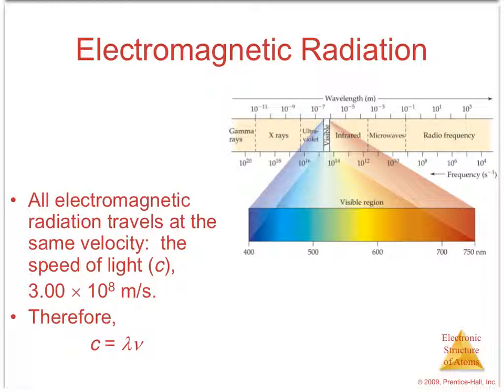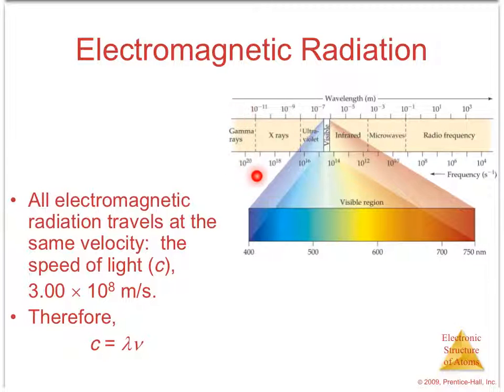So this is the electromagnetic radiation spectrum. As you can see here, the visible region, or in other words, the parts of radiation that we can actually detect with the naked eye, is really just a very small sliver of the overall electromagnetic radiation that we typically talk about. You'll notice here that there are several types of radiation that probably sound familiar to you.